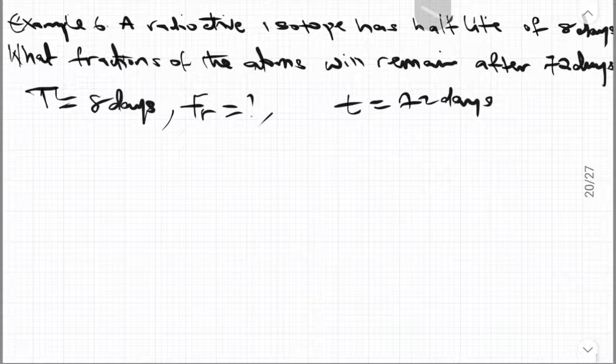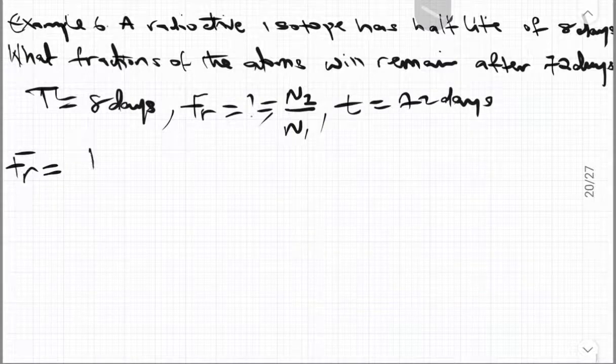Of course, from the last video, we knew that FR is actually N2 over N1. And we also said that N2 over N1, or FR, is actually 1 over R, which is the disintegration ratio.